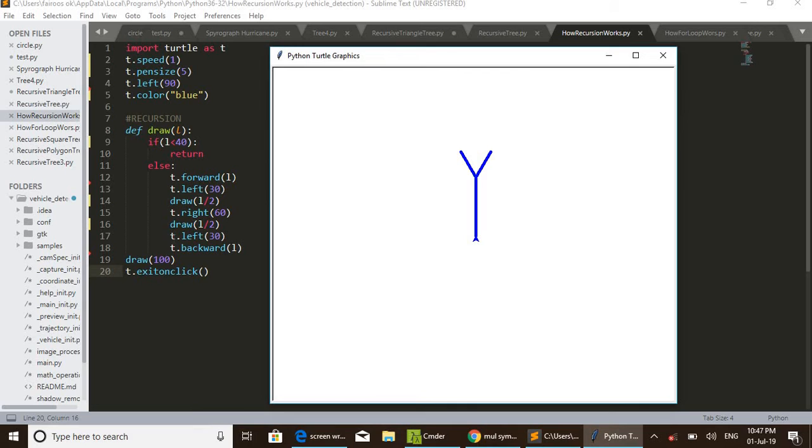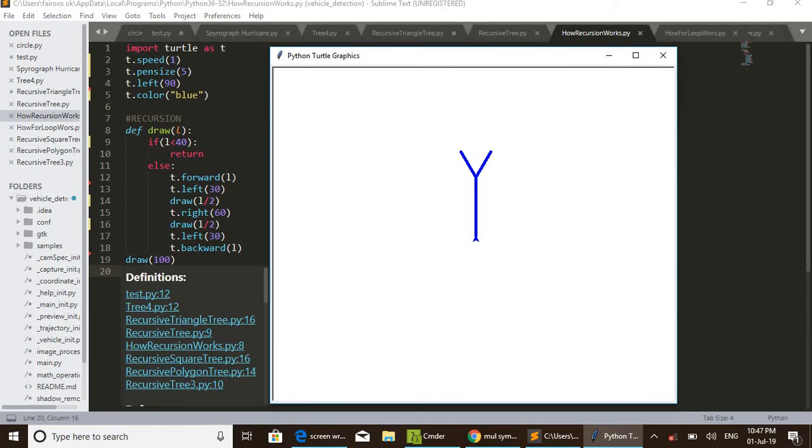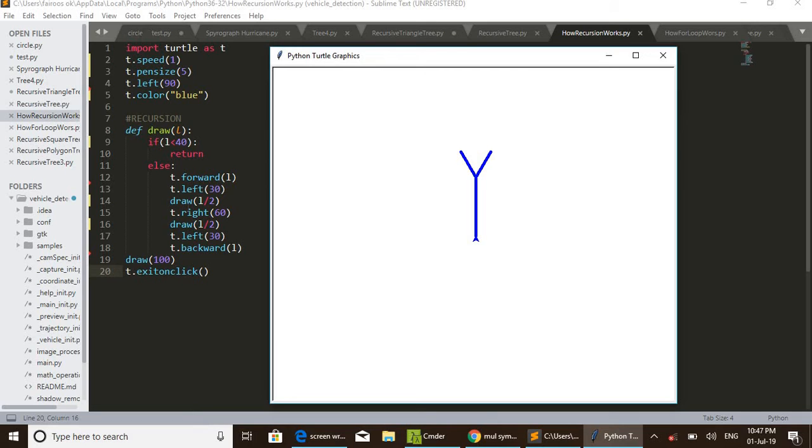While calling this function we can see in the 19th line draw 100. Actually from there we are calling this function to start working. We are calling from 19th line draw 100.